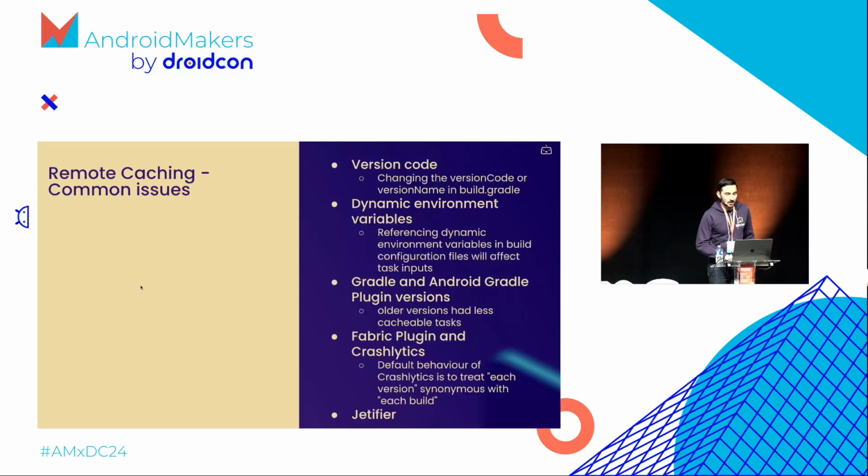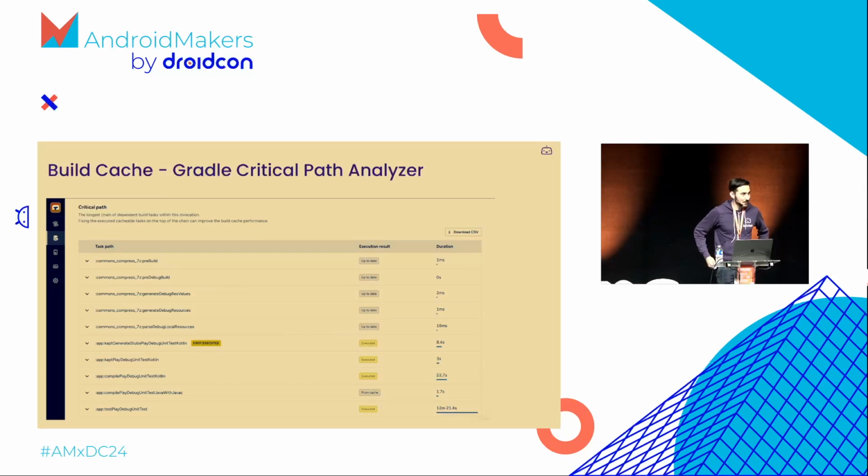Yeah, so let's look at the Gradle critical path analyzer. Basically, the critical path analyzer allows you to see which tasks are exactly the ones that are taking the longest and how these tasks depend on each other.